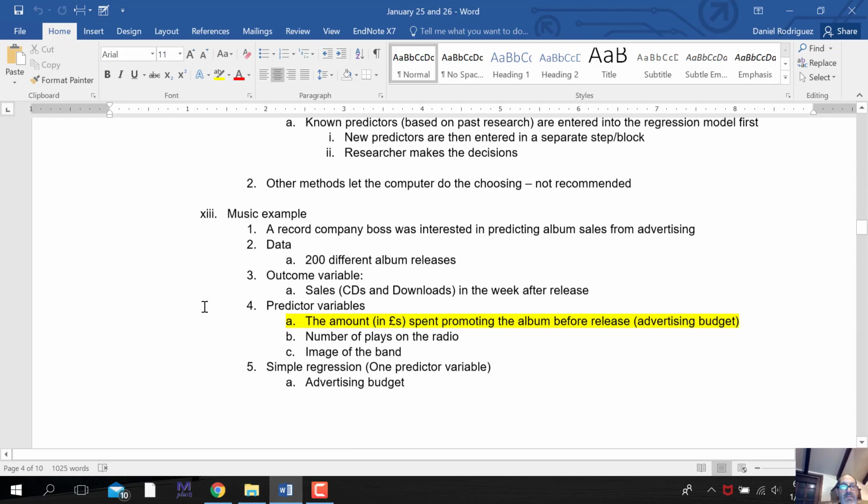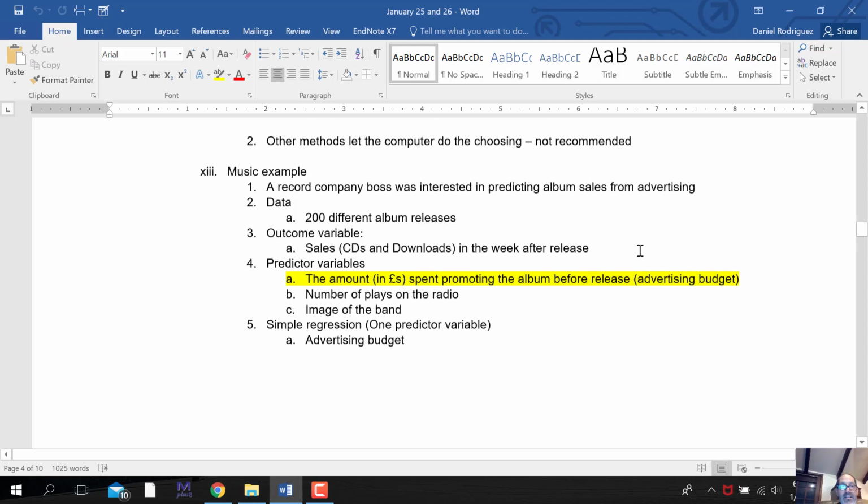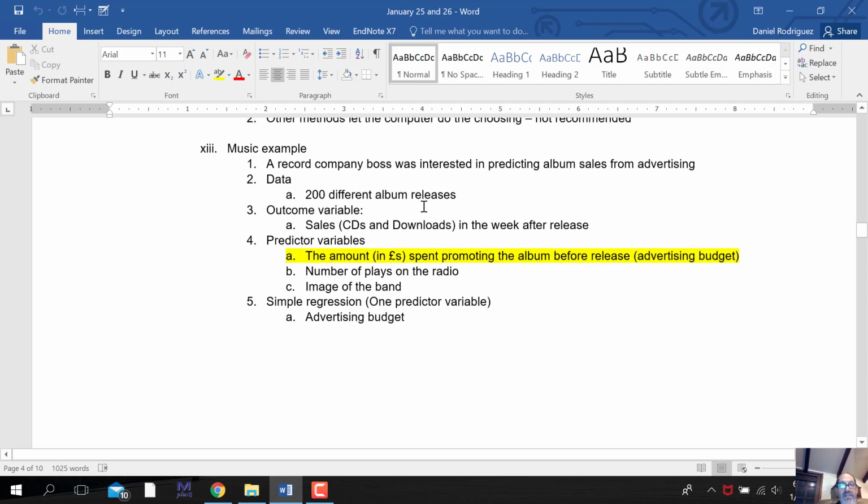So let's do an example. This is an example from another textbook that I used to use. It's on record sales. A record company boss was interested in predicting album sales from advertising. The data are 200 different album releases. The outcome variable is sales, like CDs or downloads in the week after release.